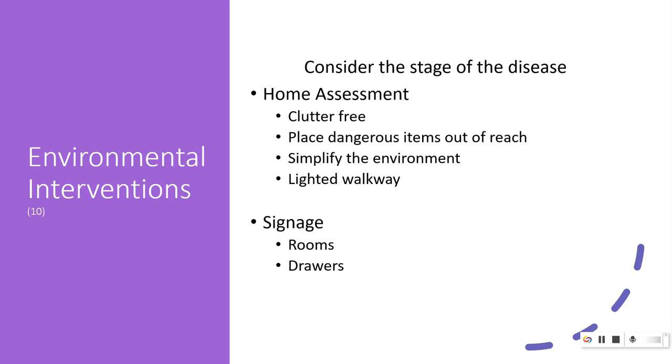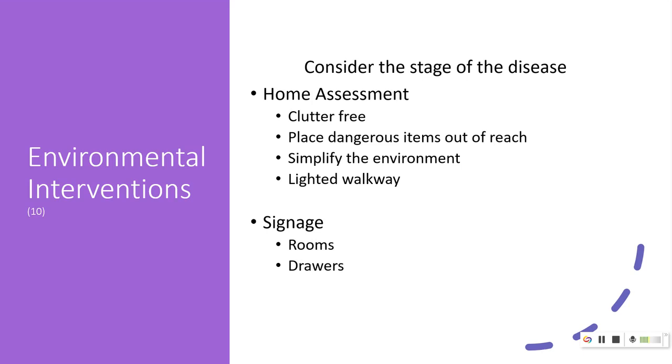Like we talked about, lighted walkway, lighted stairs. This is inside and outside, so maybe having a railing there. If there is an uneven step, painting it with red paint or something like that. So, using some signage. This is going to depend on the stage of the disease and their ability to read.